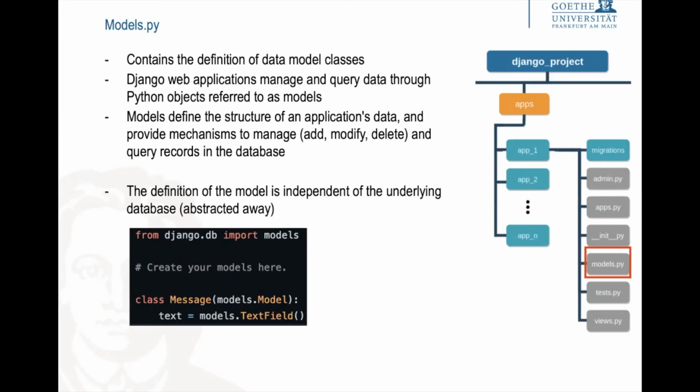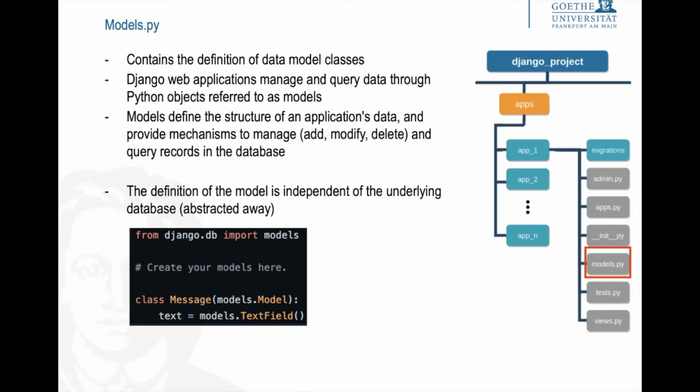And also a very important file inside an app is the models.py file, as it contains the definitions of the data model classes. And as a background, why is this important? The querying of data in Django is usually done using Python objects, which are in this case called models.